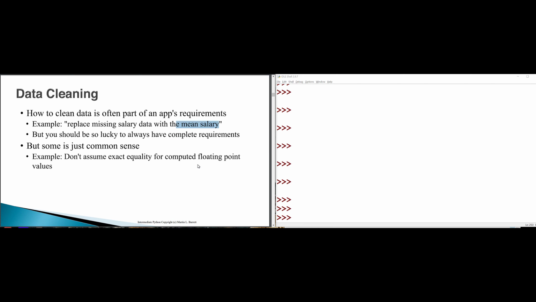It's uncommon to have these kinds of very specific requirements. Very often the data analyst is sort of left up to his or her own devices to figure out what makes sense. Okay?